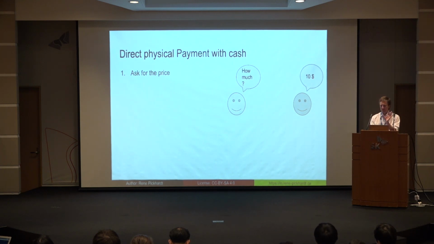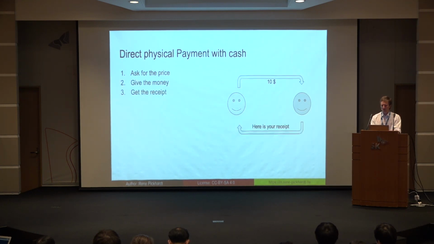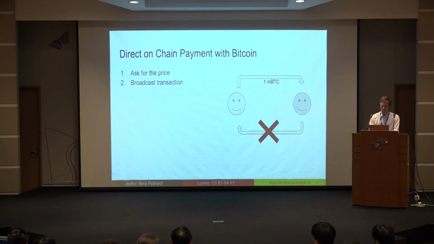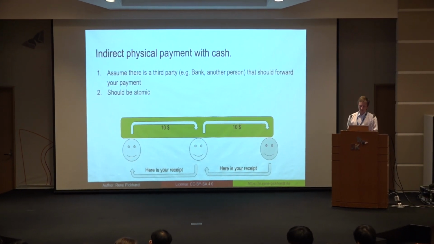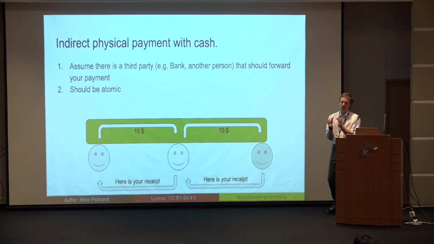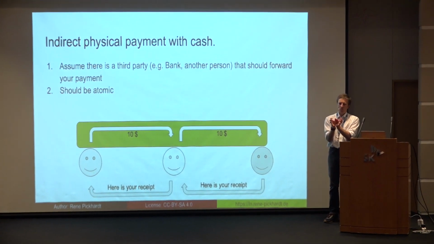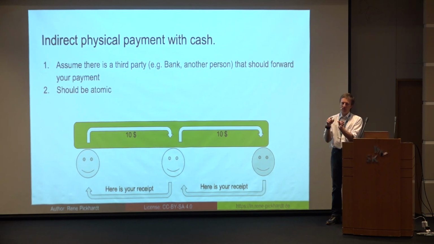okay, I will skip the very simple scenario because I think we kind of understand the concept of payment and receipt. What we would like to have is a system where the person in the middle is obliged to follow the protocol in such a way that they cannot run with the money.